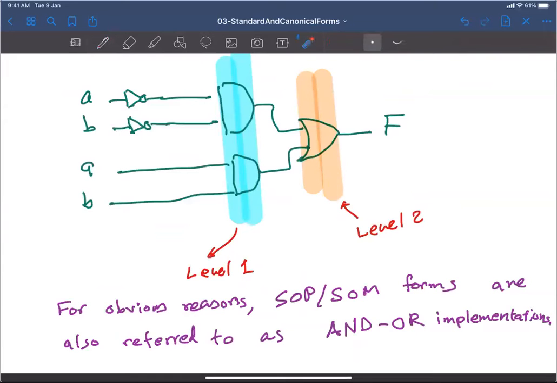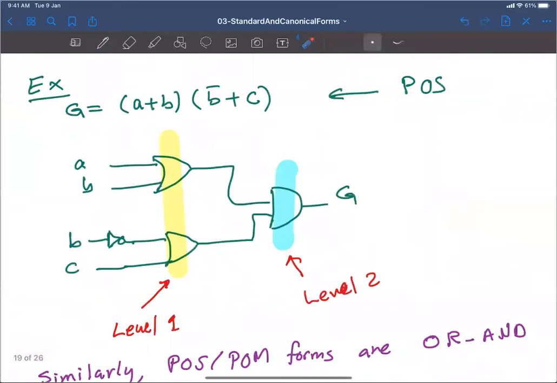All right, what about this example here, which is a product of sums? The product of sums is also a two-level implementation, in which we have an array of OR gates generating the sums, and then one big AND gate at the end to generate the product of sums. This is level 1 and this is level 2.